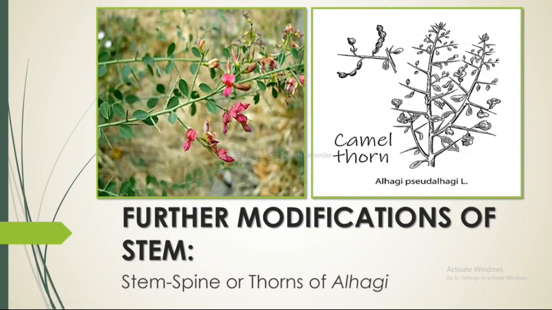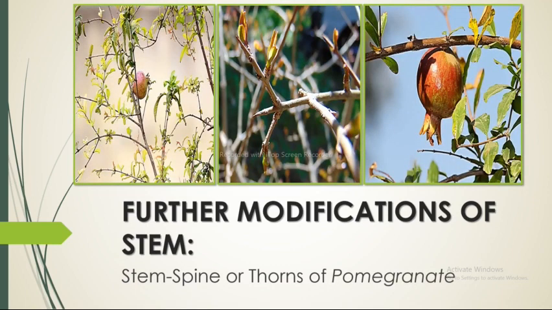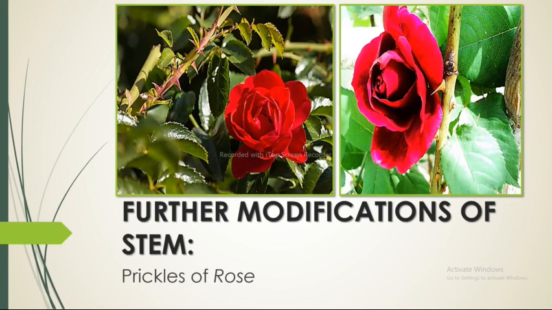Further modifications: stem spines and thorns of Alhagi, which is also known as the camel thorn, as shown in the figure. Further modifications of stem include the stem spines and thorns of pomegranate, as shown. Further modifications of stem: these are the prickles of rose, as shown in the figure.